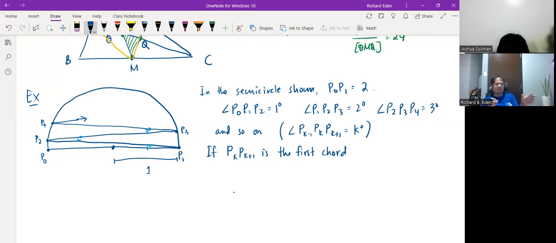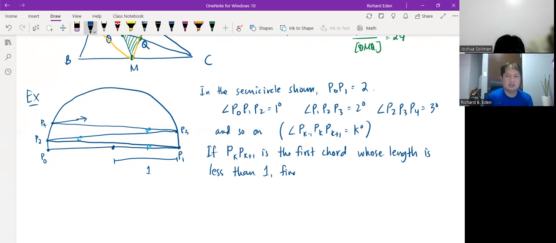So one endpoint is somewhere on the left, and the other endpoint is somewhere on the right. Now, P sub k plus 1 is the first chord whose length is less than 1. Find k.